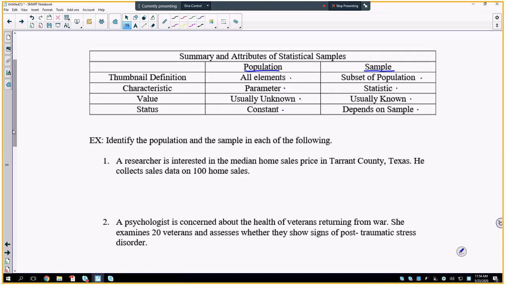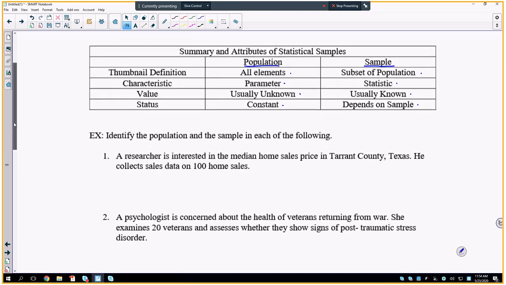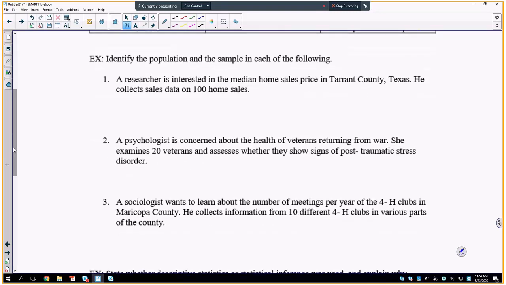Let's look at an example. We want to identify the population and the sample in each of the following. 1. A researcher is interested in the median home sales price in some county in Texas. He collects sales data on 100 home sales. So we want to know, what is the population? In this case, the population is the thing he's interested in: median sales price in Texas.